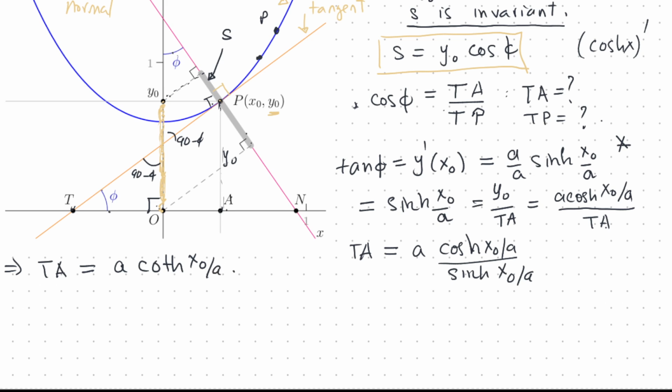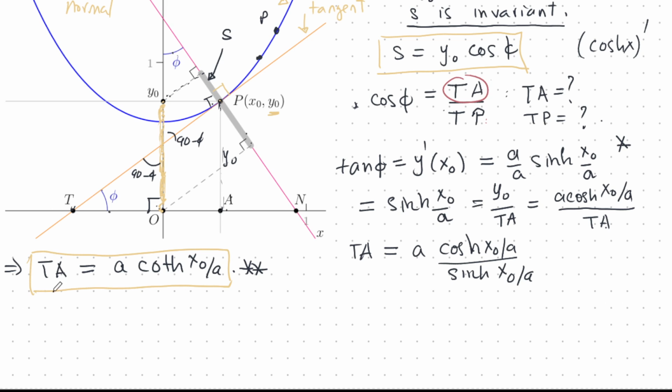This is a formula that we have derived for TA, and it is good enough. We don't need to go further. We did TA. Now I need to find TP.